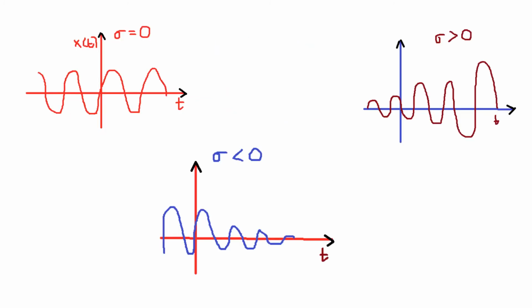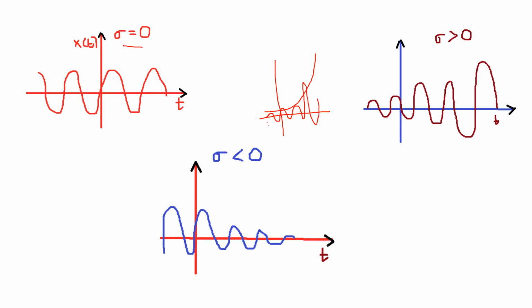And next, for three conditions I have to check the answer. For sigma equal to 0, I'll get a sine waveform only. When sigma is greater than 0, it is similar to the growing exponential. So if we mix the sine waveform with this growing exponential, we get the exponential like this.